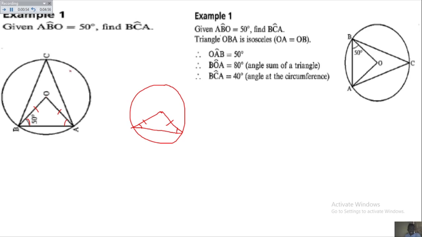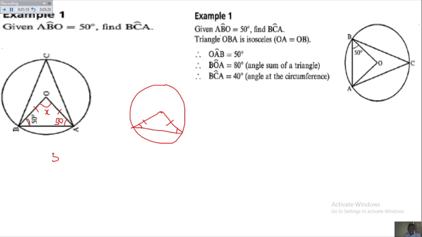And if that is the case, what are you looking for? I'm looking for angle BCA. Therefore, I need to get this. Then the sum of angles of a triangle will give you 180. If this is 50, you call this one x, because this now is an isosceles triangle.